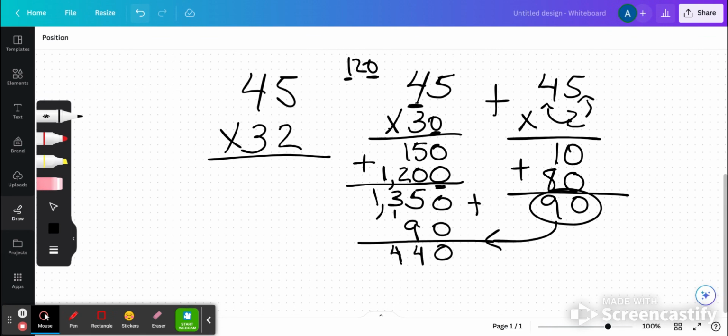And then 1 plus 0 is 1. So 45 times 32, we get a product of 1,440. Okay, this is the partial product strategy for double-digit multiplication.